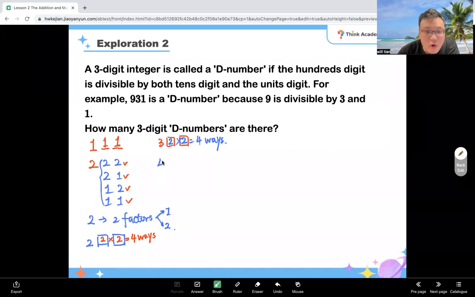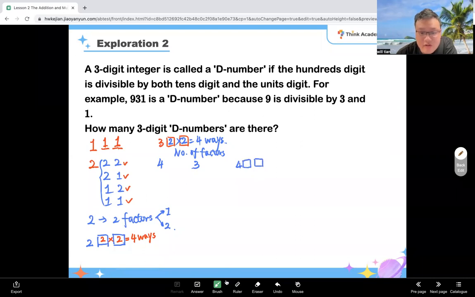So for number 4, if we start from 4, number of factors. Guys, tell me, for number 4, how many factors do you have? 3 factors, right? It's going to be 1, 2, and 4. So you have 3 factors. Since you got 3 factors, if you start with 4, followed by 2 blanks, right?